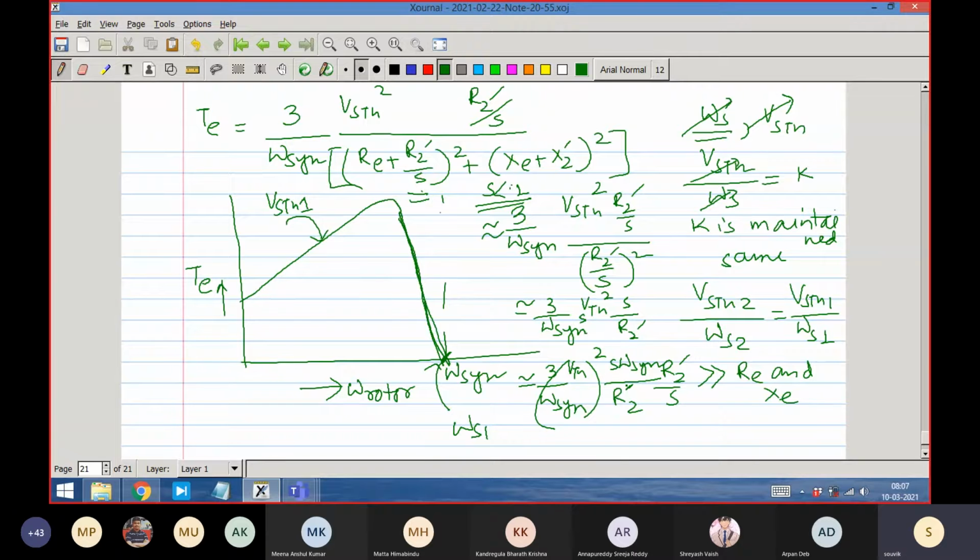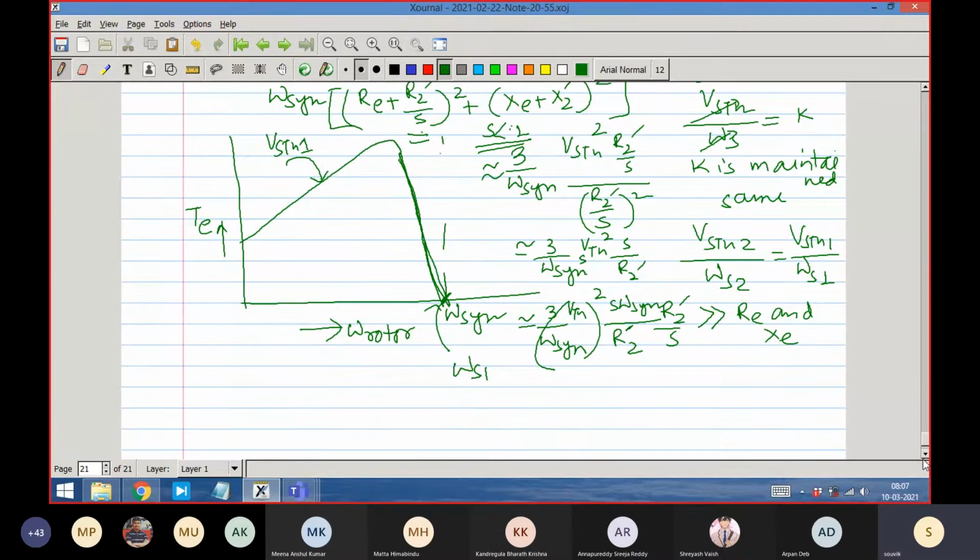So what is it telling now? What idea is it giving to us? If we look at it, the way we are changing omega s, the stator supply frequency, correspondingly there will be a change in omega sin, because it is related by the number of poles.